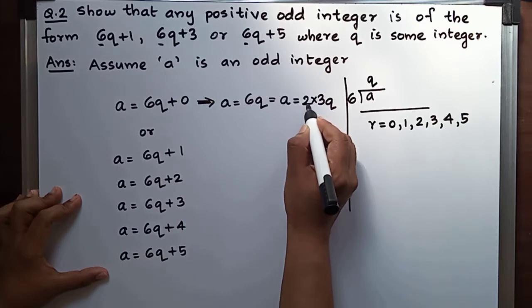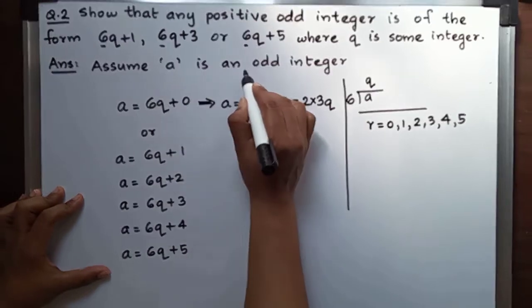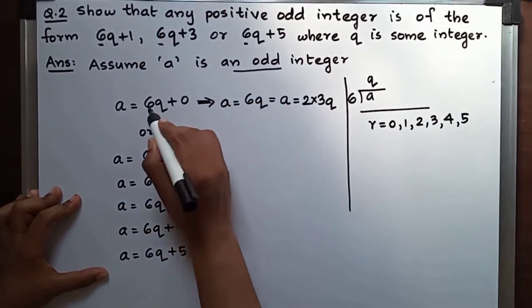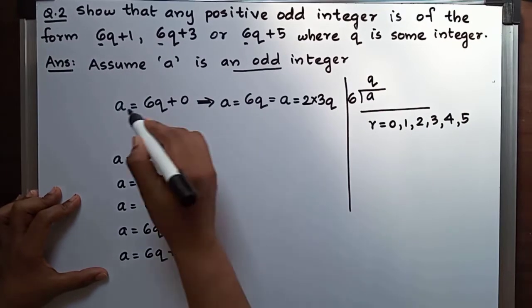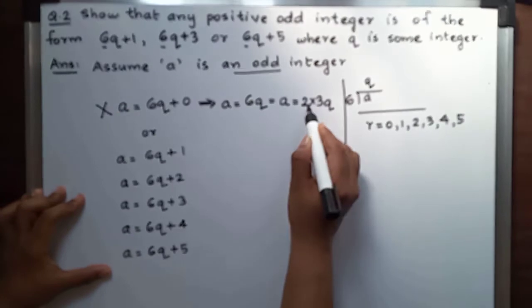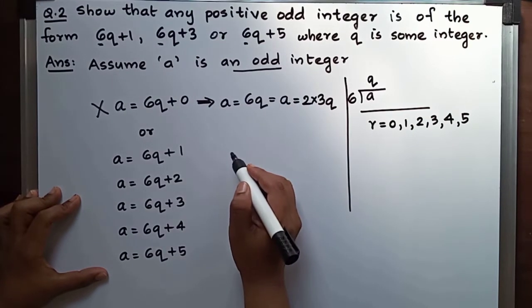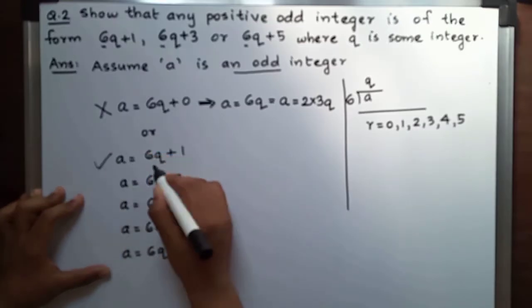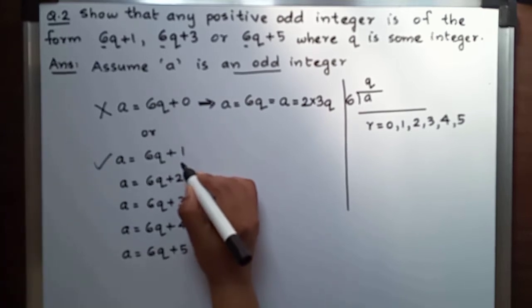See, 2 comes here means A is no more an odd number. We have assumed that A is an odd integer. So, A is equal to 6q is not possible because here 2 comes, which means it is not an odd number. Now 6q plus 1, yes. See, 6q plus 1 can be odd.